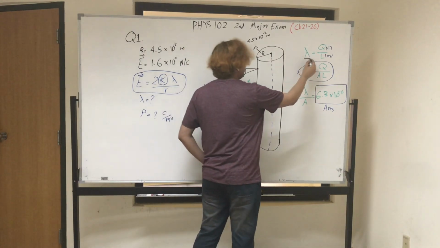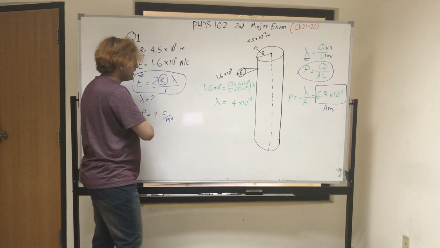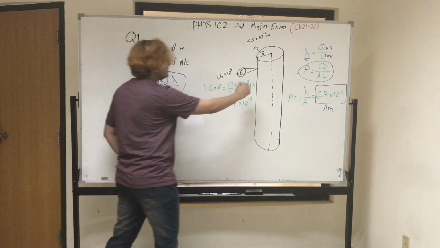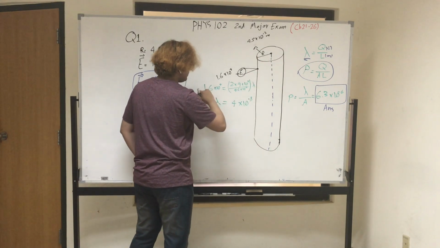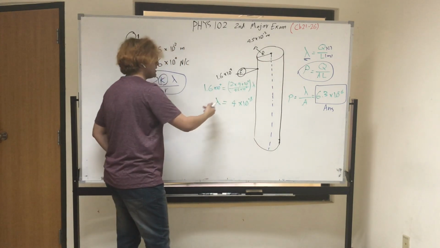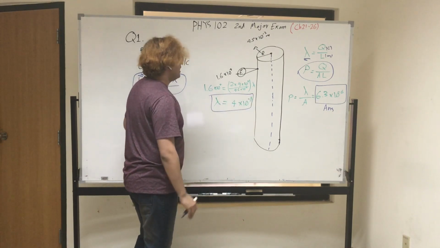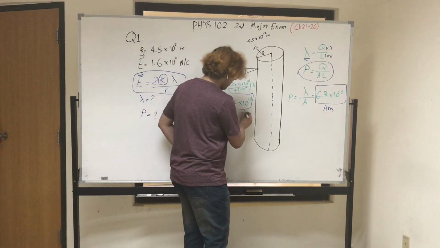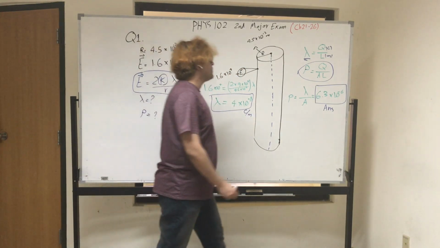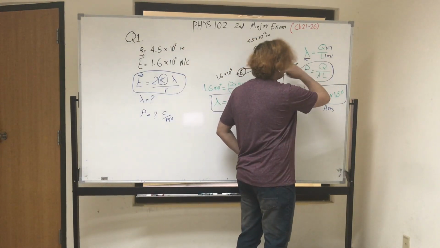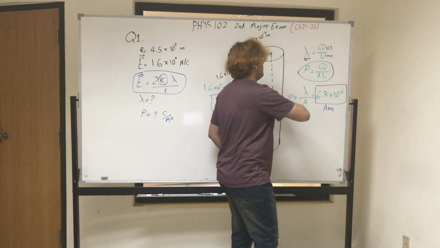We can solve for lambda from our Gauss's law derived equation, where r is the distance between the center of the cylinder and the surface. Just plug these numbers into your calculator and you'll get that lambda is equal to 4 times 10 to the negative 8 coulombs per meter. Lambda is the linear charge density, as we have said, so it's the charge per 1 meter.